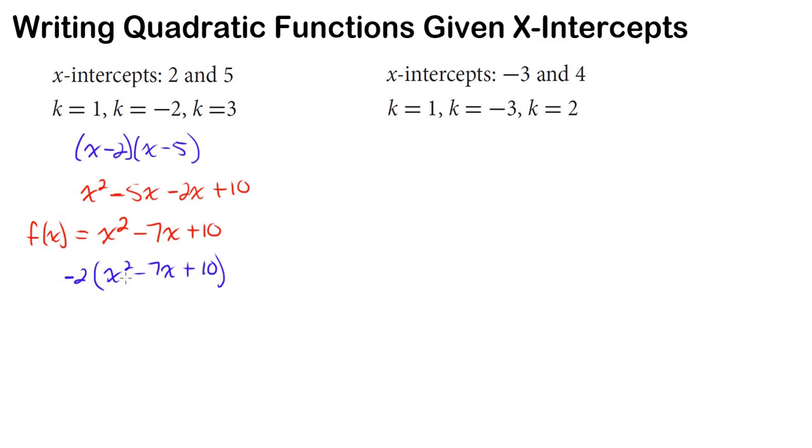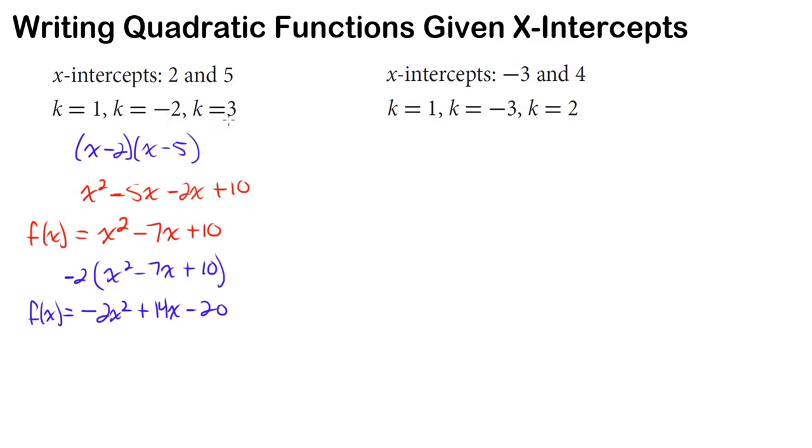So negative 2 times x squared is negative 2x squared, and negative 2 times negative 7x is positive 14x, and negative 2 times 10 is negative 20. So this is my second quadratic function where my k value is negative 2.